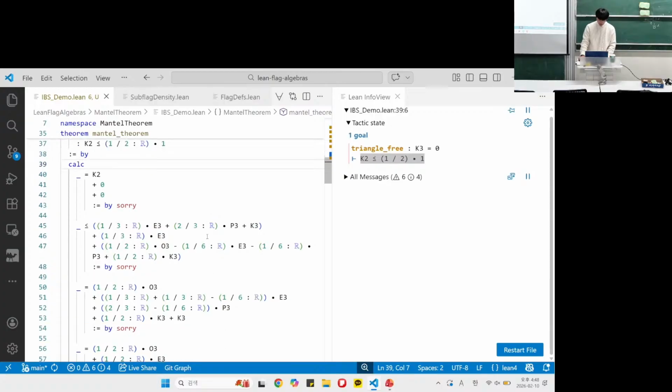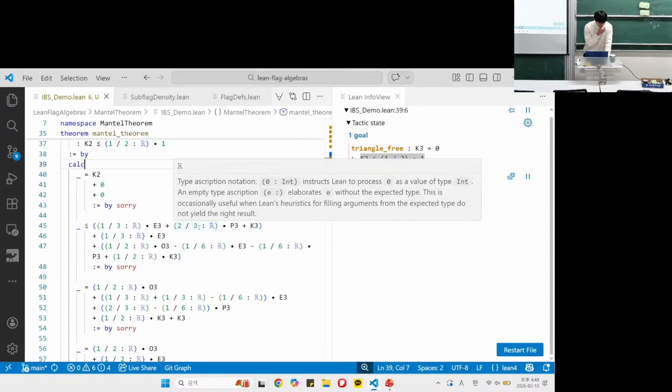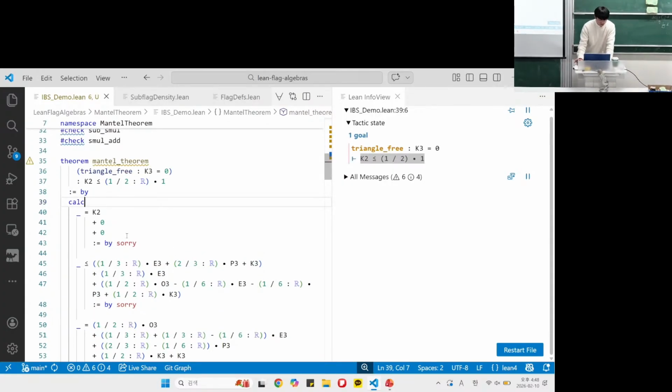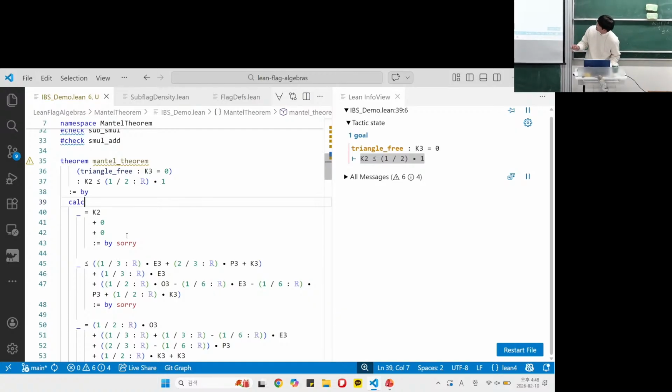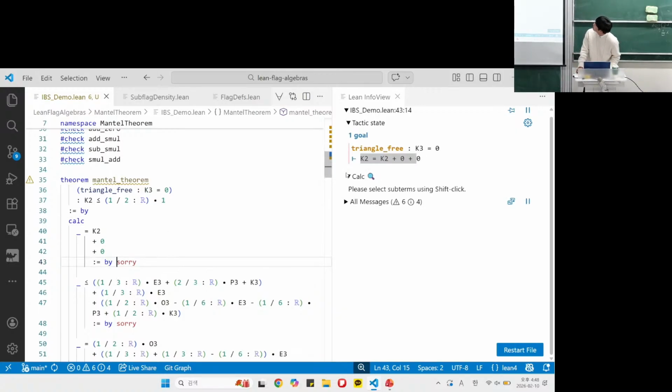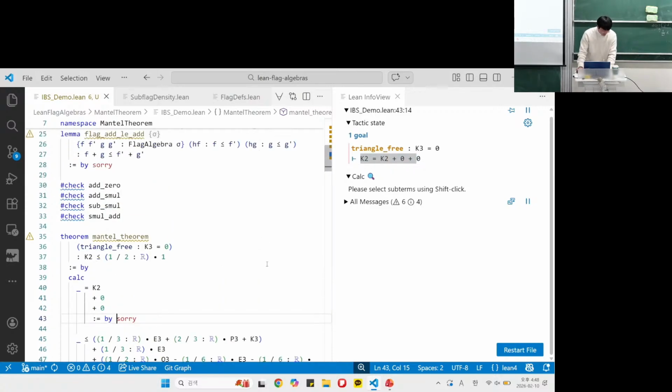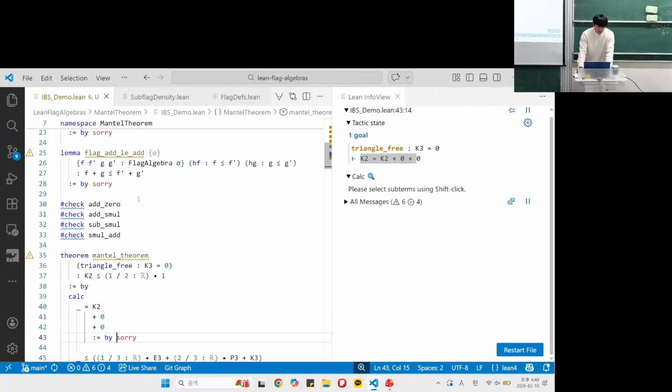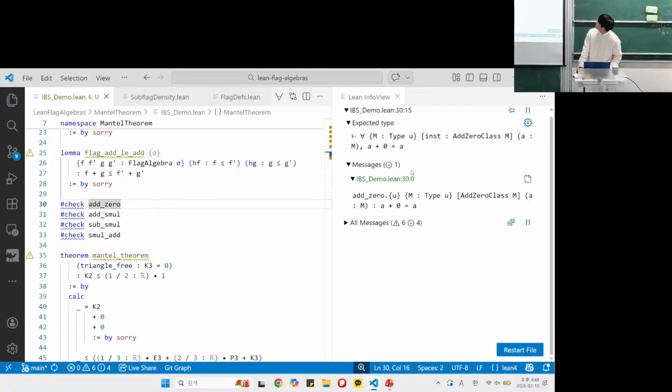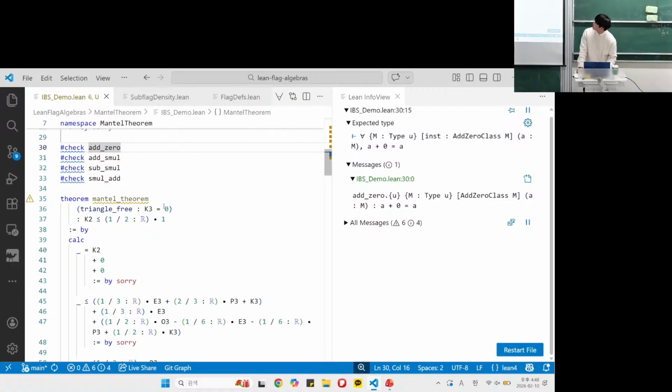First, in order to add inequalities, we adjust the expression by adding 0. So we have to prove K2 equals K2 plus 0 plus 0. Since we already have the lemma such as add 0, which doesn't change any object, we can use this in the proof.